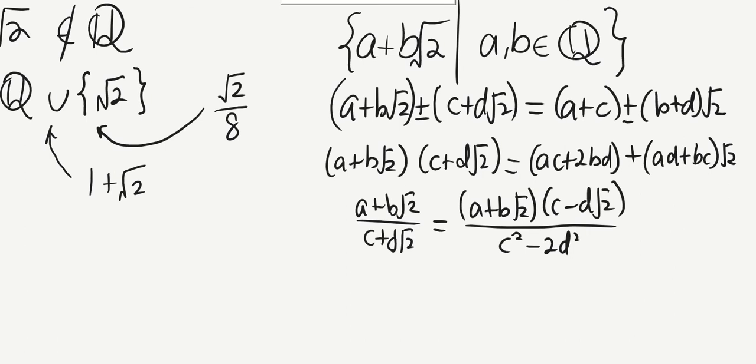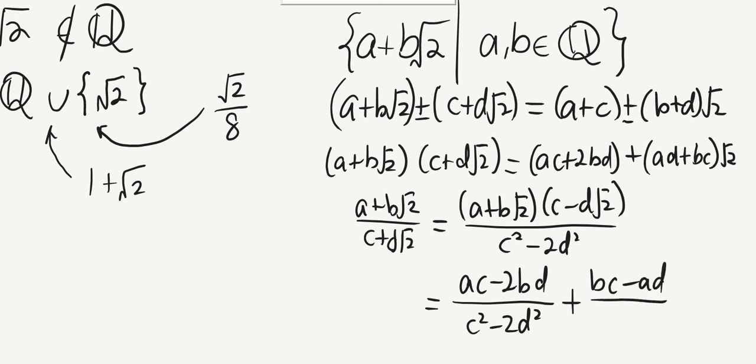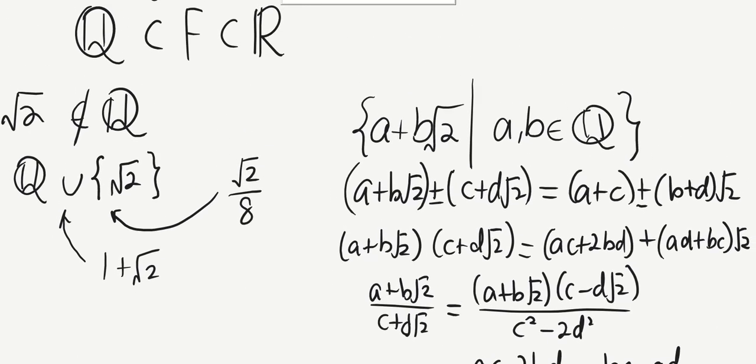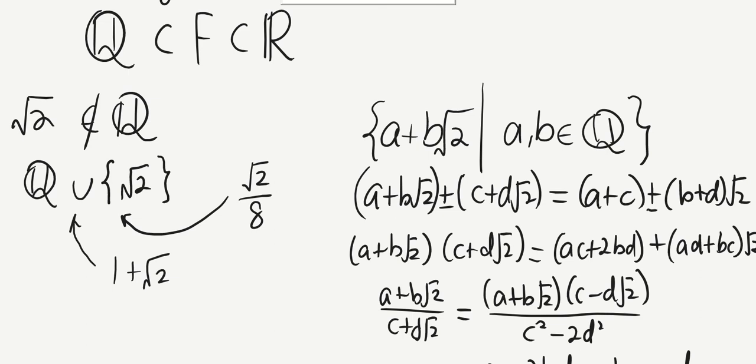And if we expand this all out, we can get (AC minus 2BD) over (c squared minus 2d squared) plus (BC minus AD) over (c squared minus 2d squared) square root 2. And this is also in the form a plus b square root 2. So indeed, this is closed under addition, multiplication, subtraction, and division. So it's a field. And it is strictly between Q and R.